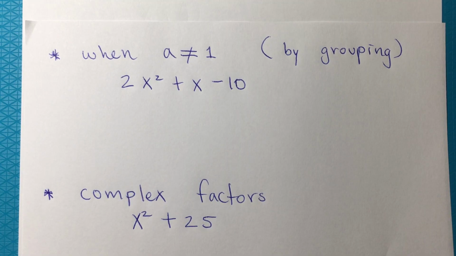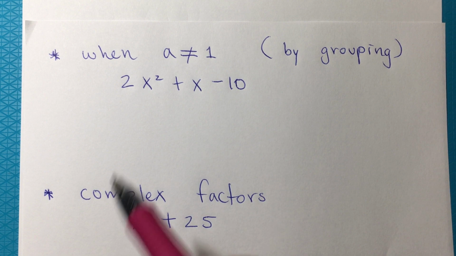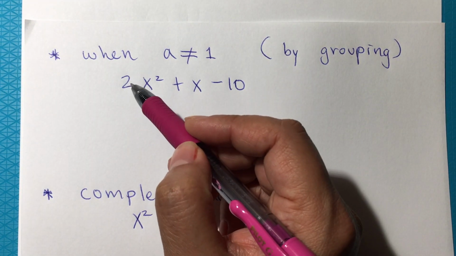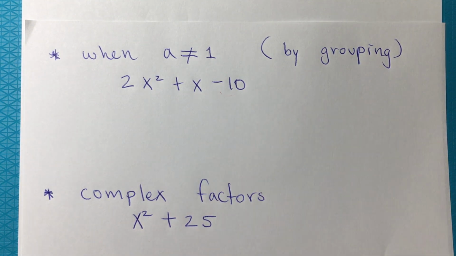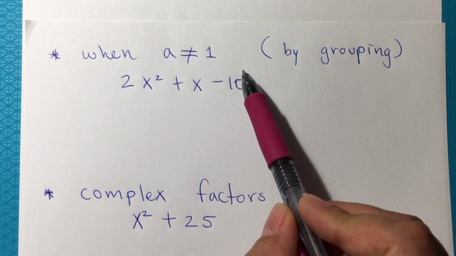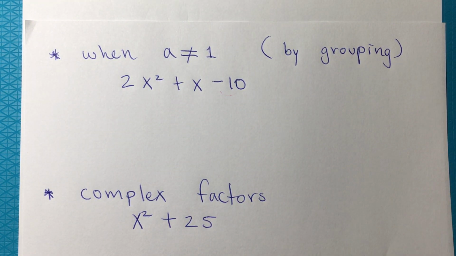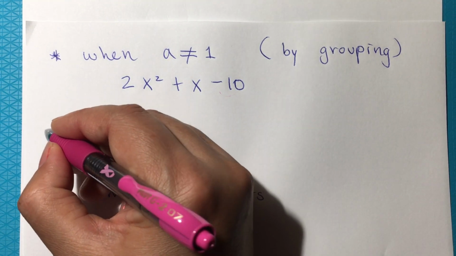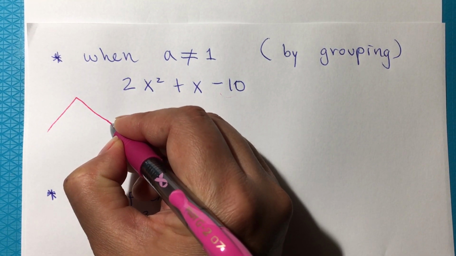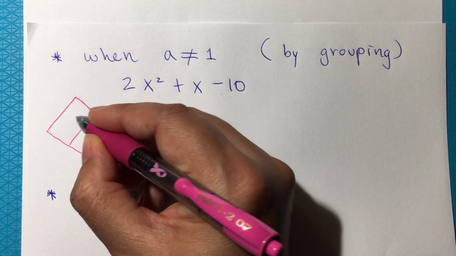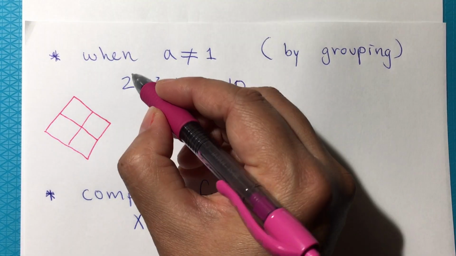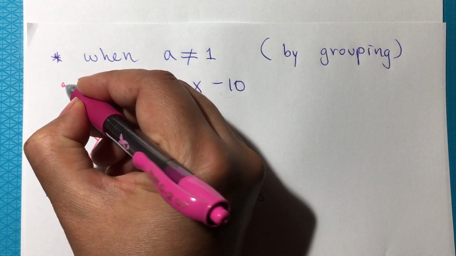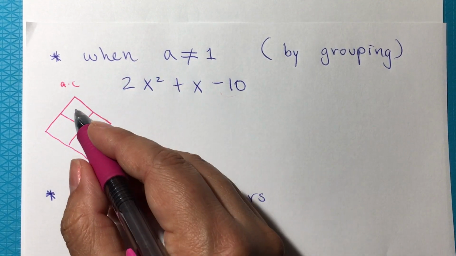For the next one, it says when a is not 1. Remember this part, a, b, and c. So when a is not equal to 1, we have to use grouping, in combination with the diamond. You multiply a times c to get the numbers that multiply to equal that number.